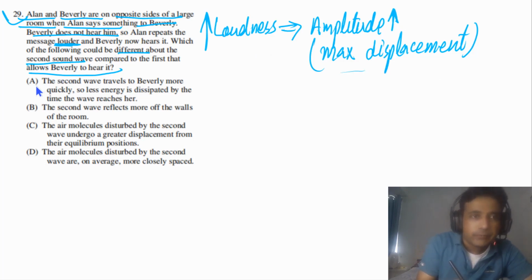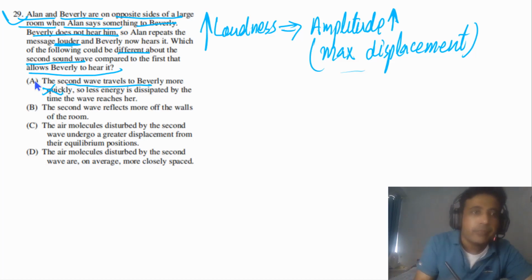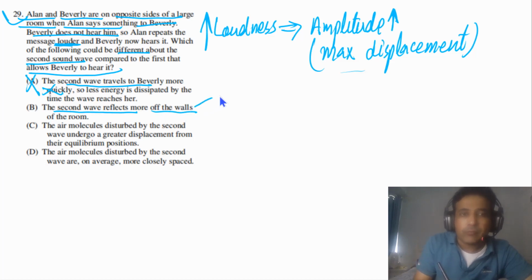Now if you look at given options, for option A, it is given to us the second wave travels to his friend more quickly, means speed is greater. Speed depends on the medium, and it also depends on type of the wave. If type of wave is the same, medium is the same, speed is the same. So this is incorrect. The second wave reflects more off the walls. In this case, walls material is not changing.